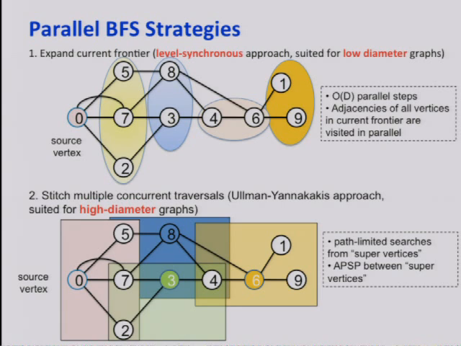So every one of these ellipses is a parallel step, essentially. But when you have high diameter graphs, this is unfeasible. Imagine that your graph has a diameter of 1,000, and you don't want to take 1,000 steps, because this is a linear time algorithm. In many cases, this is going to run in less than half a second on practical inputs. You can't do 1,000 synchronizations on your supercomputer for that.